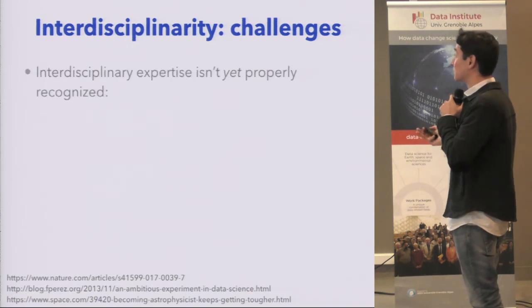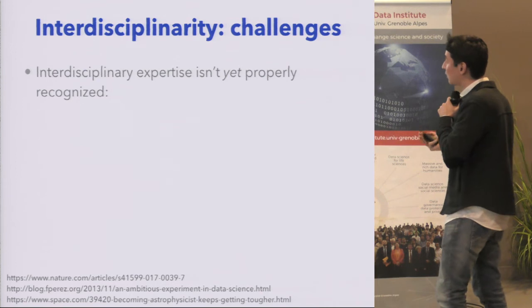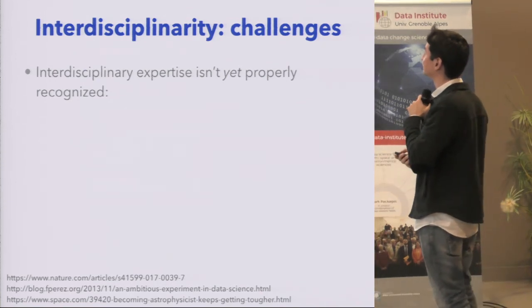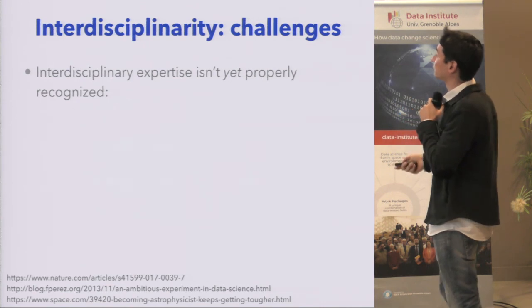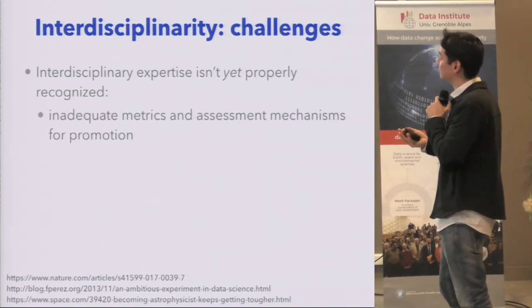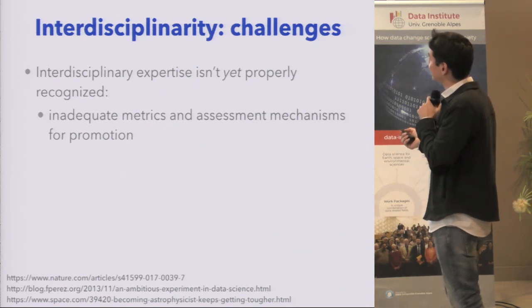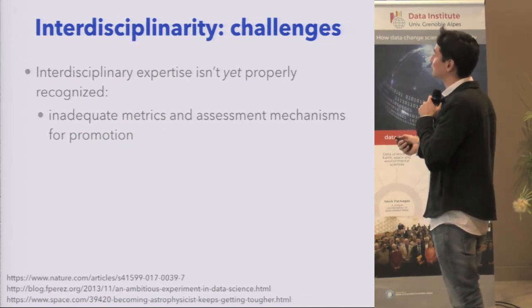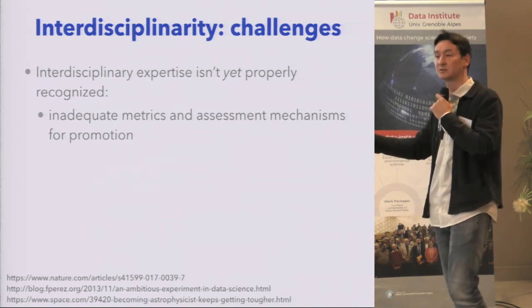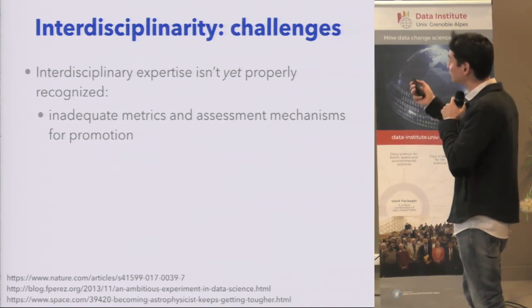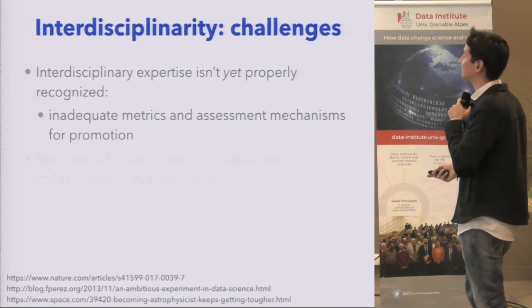But there are challenges. So interdisciplinarity is not trivial, right? It's an expertise that isn't yet properly recognized. Maybe the metrics and the assessment mechanisms for promotion are still inadequate for young researchers who want to go into this with this interdisciplinary mindset.